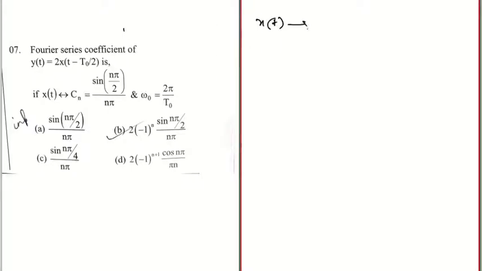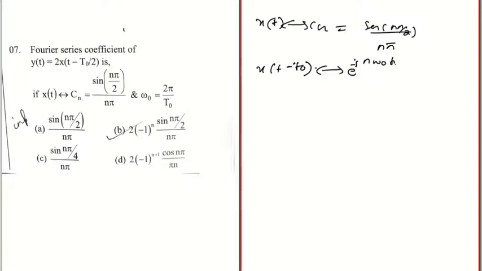The x of t Fourier series coefficient is sin n pi by 2 divided by n pi, and for x of t minus t0, what happens? It becomes e raised to minus j n omega 0 t0 into Cn, right? Instead of omega 0 we will write 2 pi by t0.